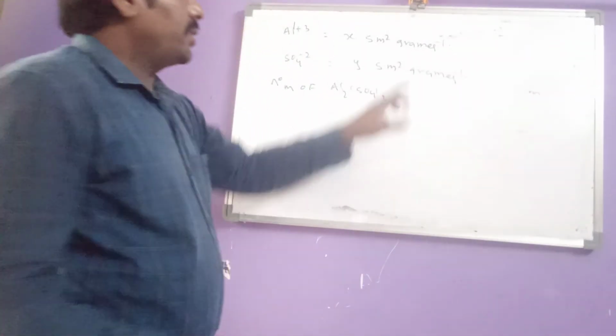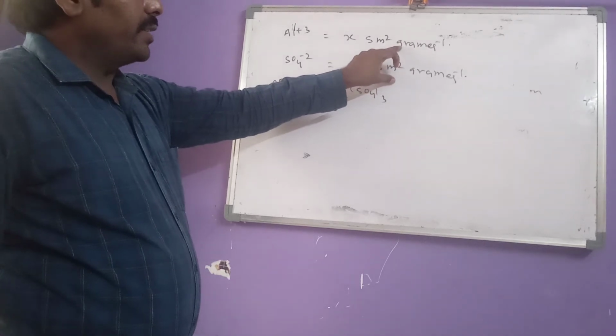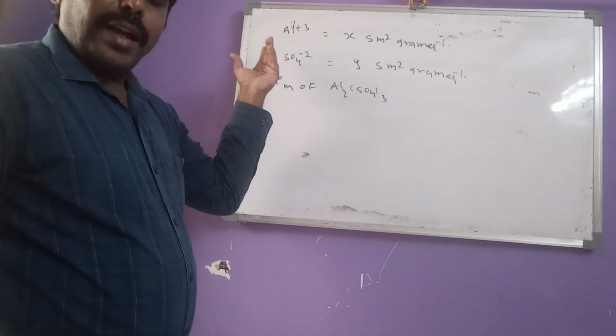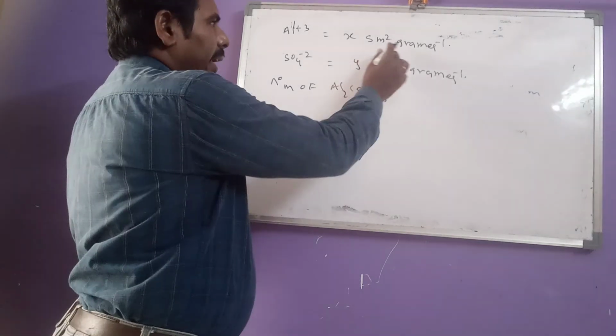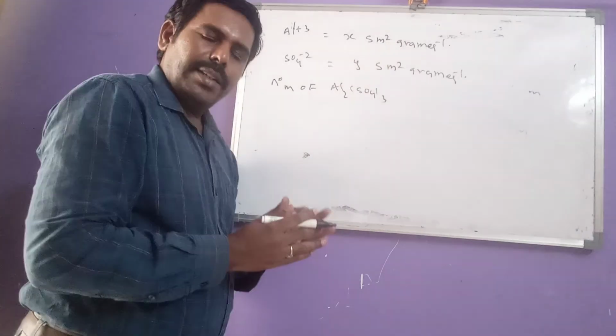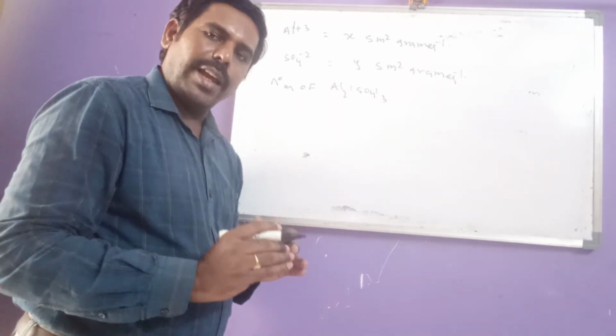So first let us convert these equivalent conductances into ionic conductances. We know that to get equivalent conductance, ionic conductance should be divided with its valency.